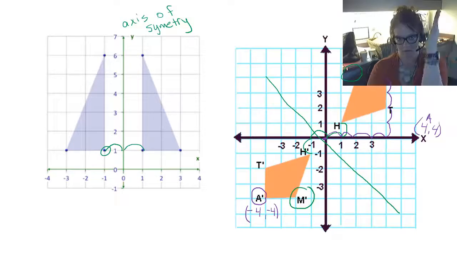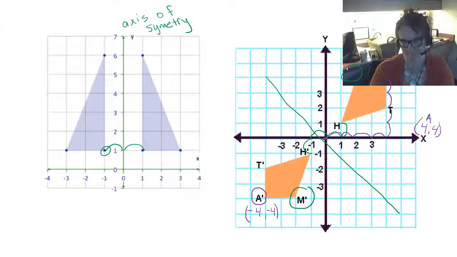X or Y? I'm hoping you're saying X. Okay, so we're going to go -4. 1, 2, 3, 4. So far, so good. Now we're going to go down 4. 1, 2, 3, 4. We found it. So there is A1. That's our image. Last slide.